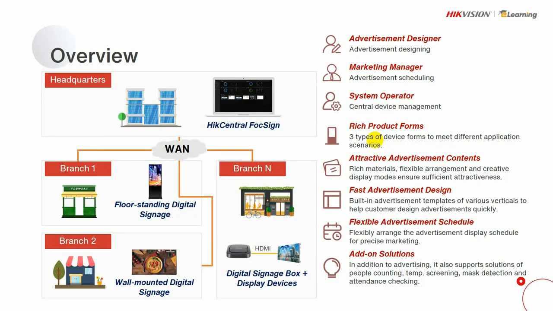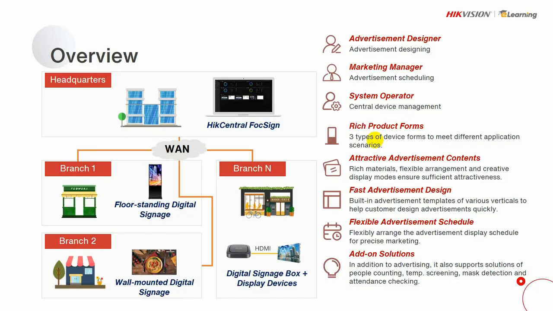So here is a system topology example of a headquarter and its branches using digital signage. For example, in the headquarter, after the advertisement designer finishes the designing with HCF, with related authority, the marketing manager can go on to schedule different advertisements in different branches, right?